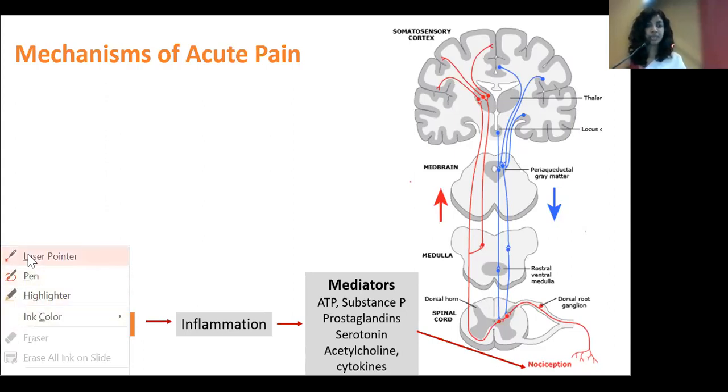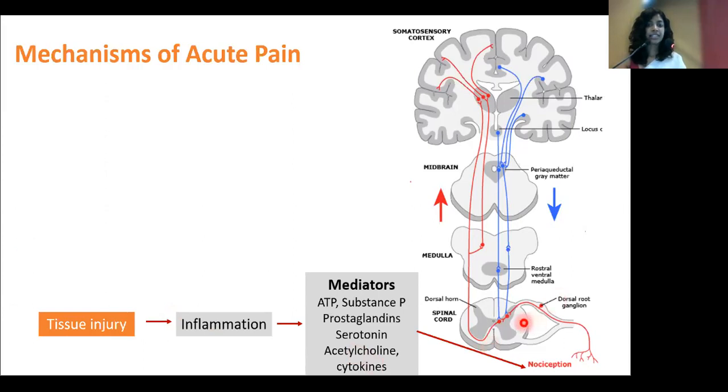an action potential that's transmitted to the first order neurons, synapses in the dorsal horn, is processed, and is transmitted up through the spinothalamic tract. And these relay in the thalamus and are then conveyed to the cortex.